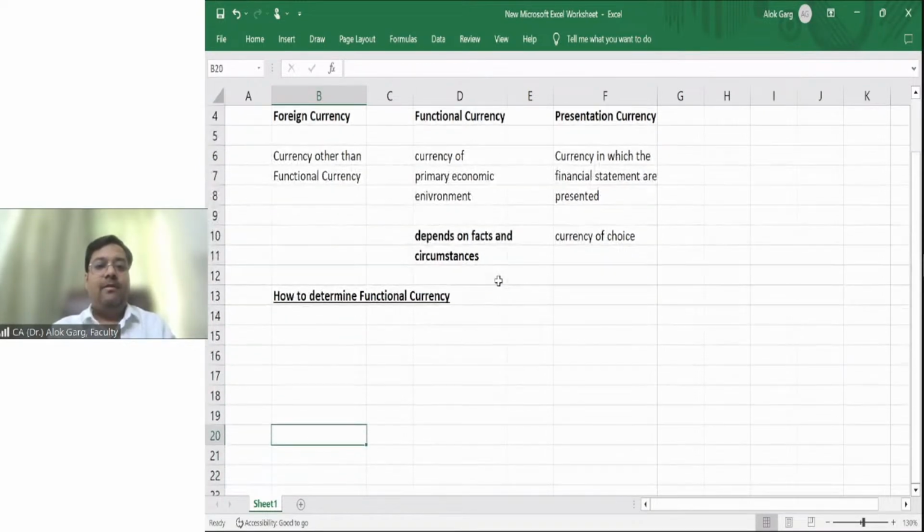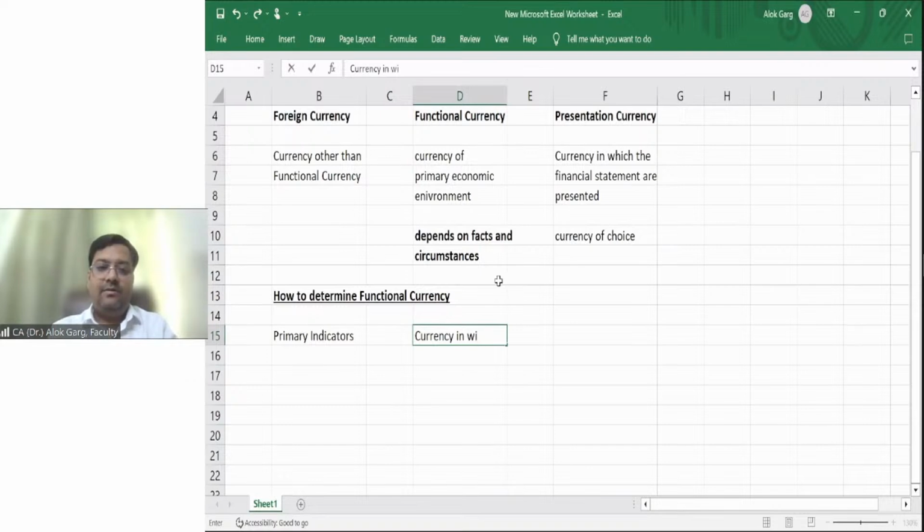Primary indicators and secondary indicators. What is the primary indicator? Basically, you need to see the currency in which sales prices are influenced, right?